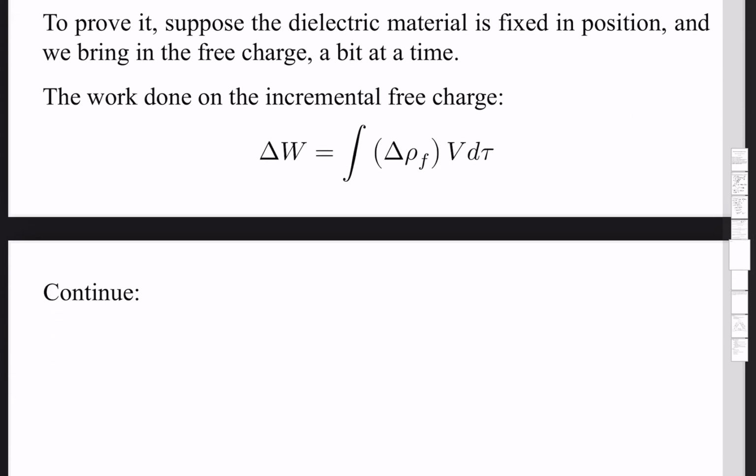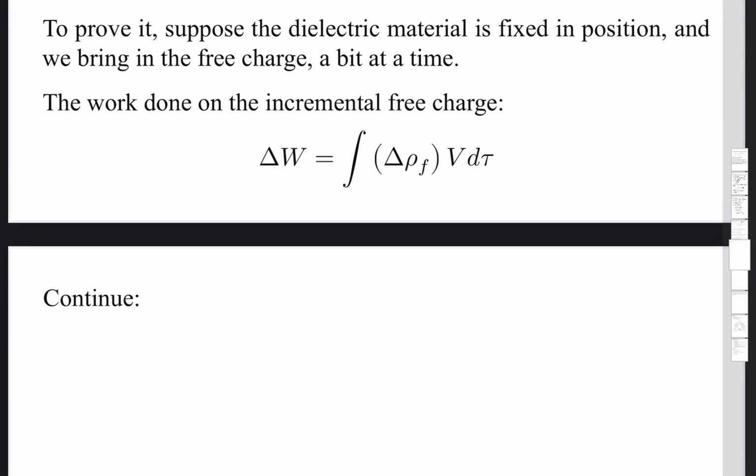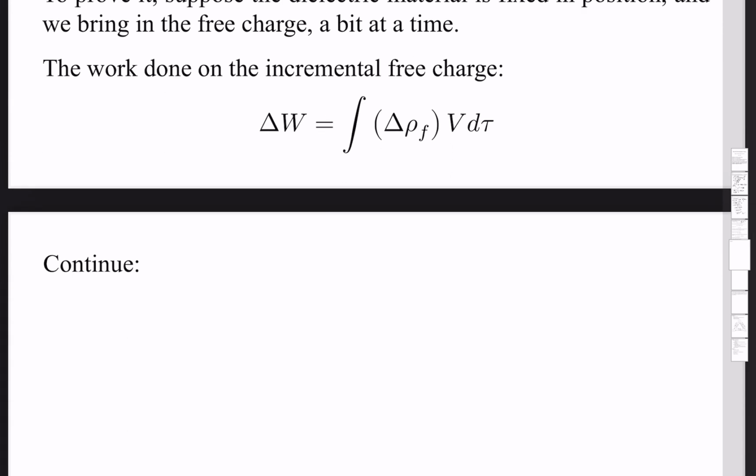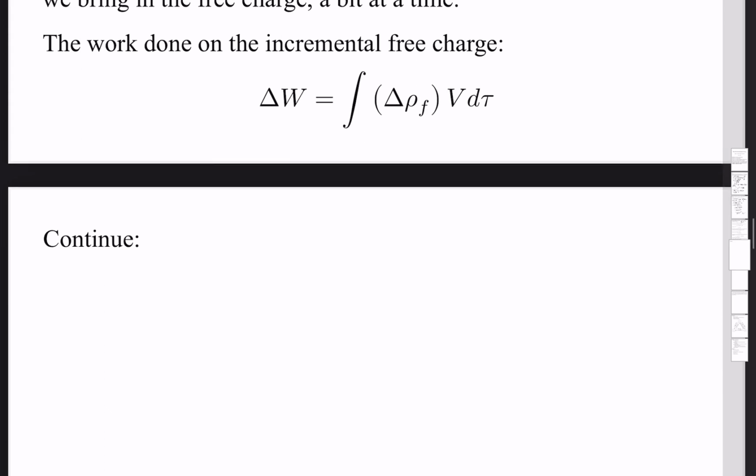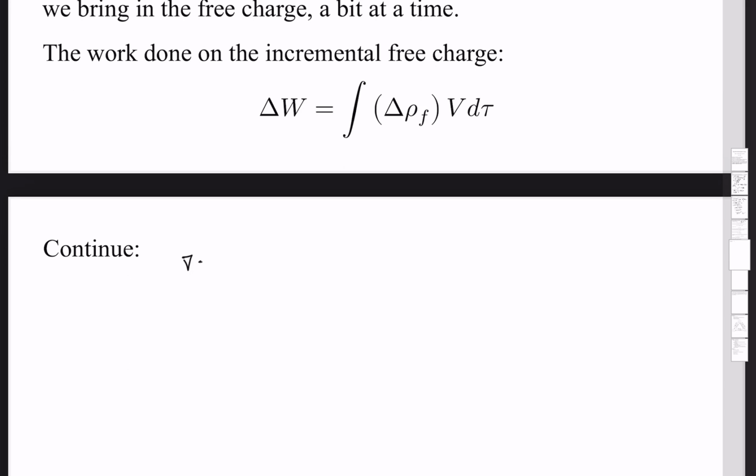So now if we follow this direction, the infinitesimal work dW can be expressed as this infinitesimal free charge times V. That's our original definition of the work, and we can rearrange these terms by noticing that del dot D equals rho free.